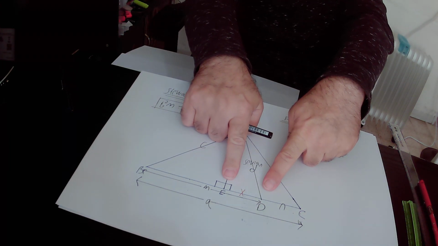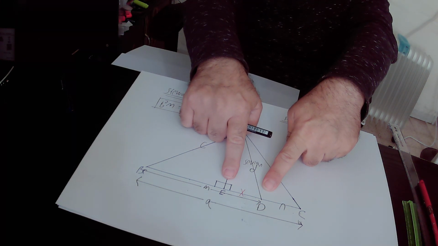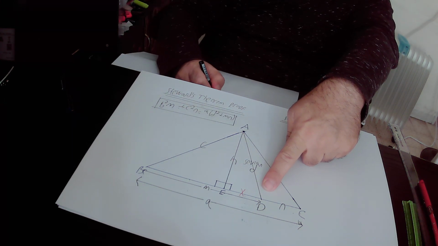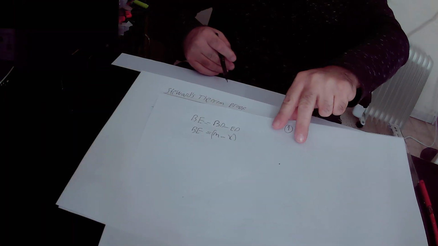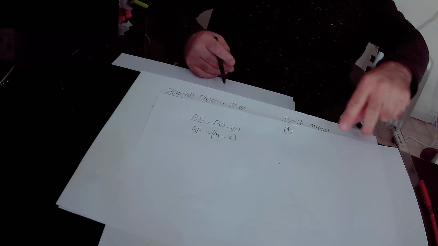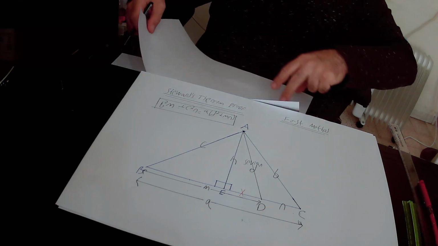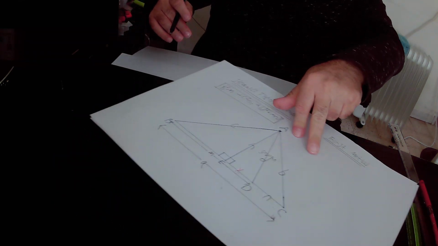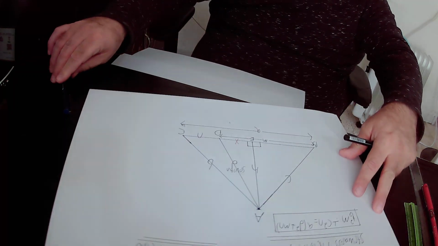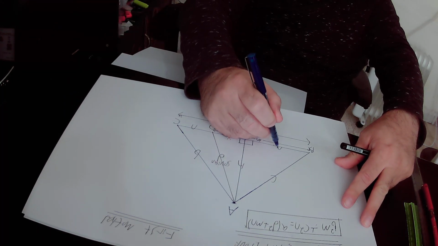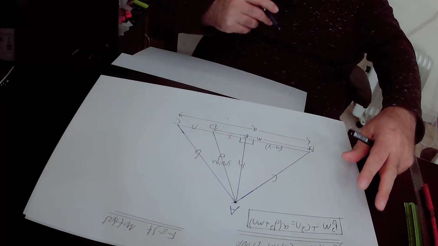ED equals X units in its length, so we substitute ED by X. In conclusion, we found out that the length of line segment BE equals M minus X. Okay, BE equals M minus X units, so I write it down.